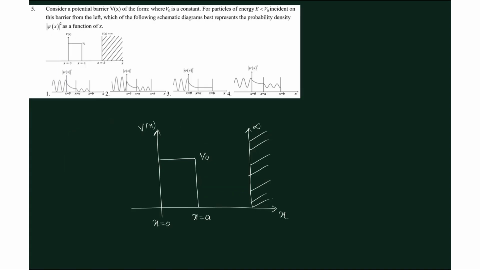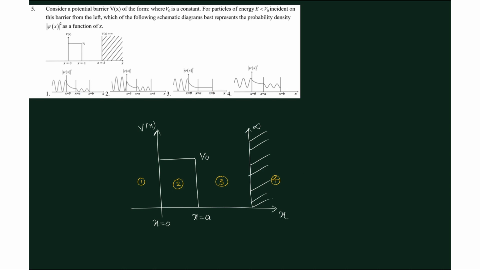Here they have given potential regions. Let us say this is region 1, this is region 2, this is region 3, and this is 4, of course. Here we have infinite potential, so the particle cannot cross this barrier.